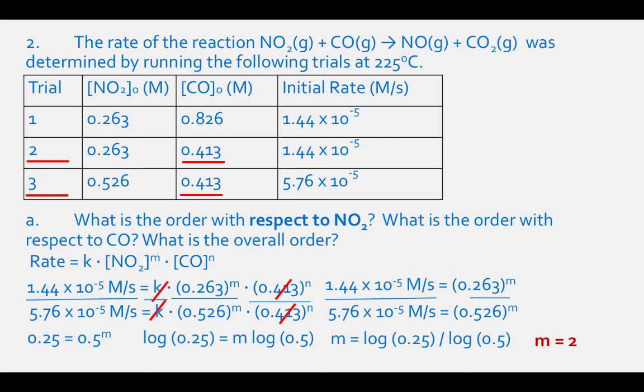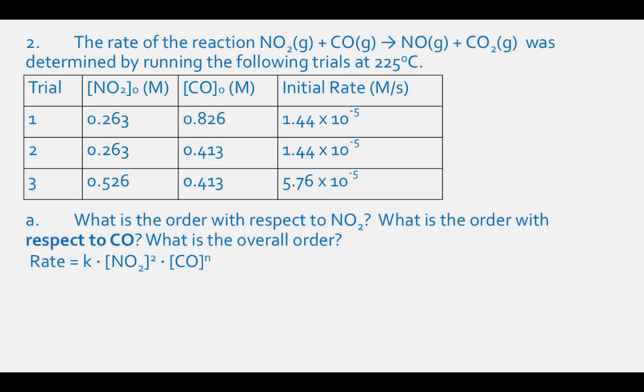To find the value of n, use two trials where the concentration of NO2 is constant. This is trials 1 and 2. Then we need to divide the other two trials by each other, where K and the concentration of NO2 will be eliminated because they will be constant.